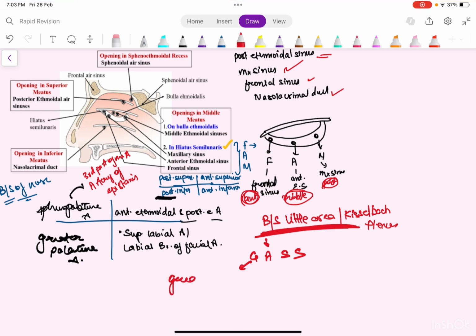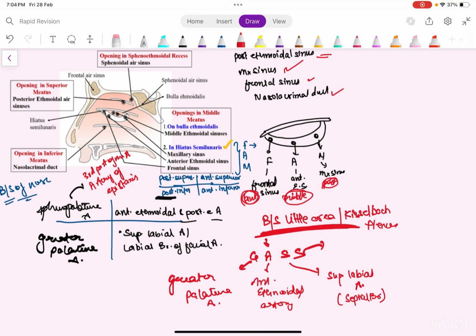G stands for greater palatine artery, A stands for anterior ethmoidal artery, S stands for the superior labial artery, its septal branch. Then the last S stands for the beloved sphenopalatine artery, septal branch.